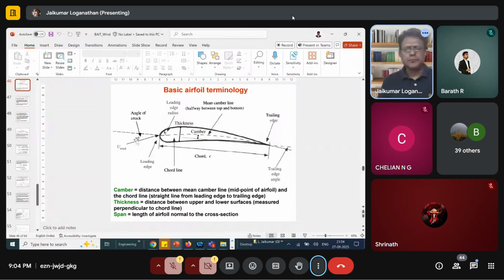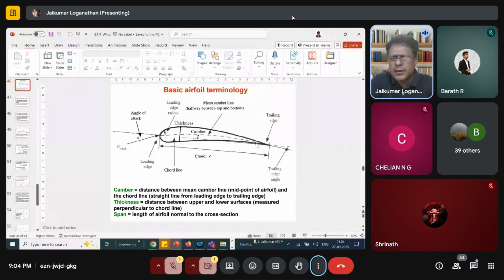And then we have the thickness. So this is the max thickness. The location of max thickness is also important.